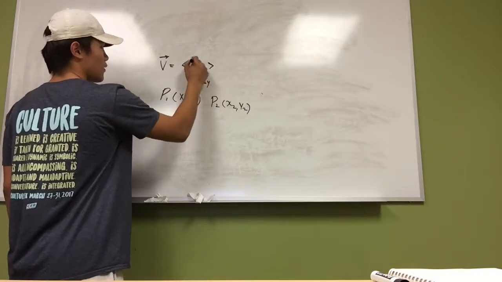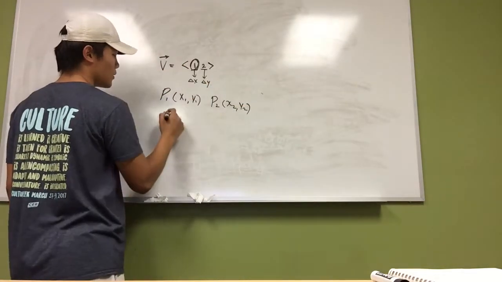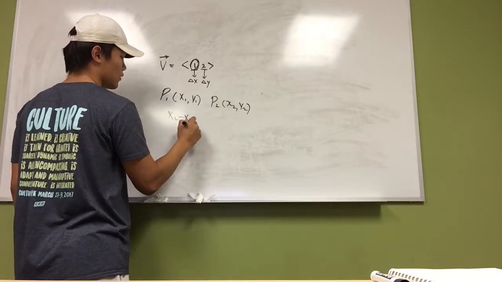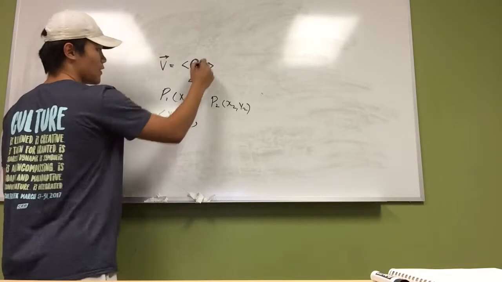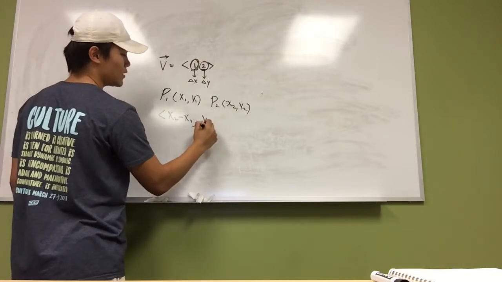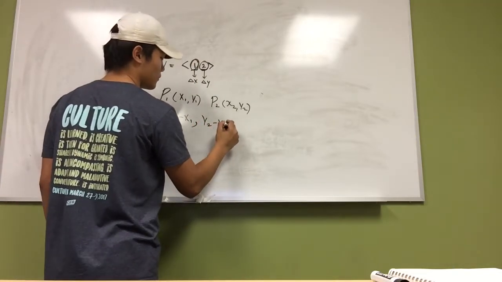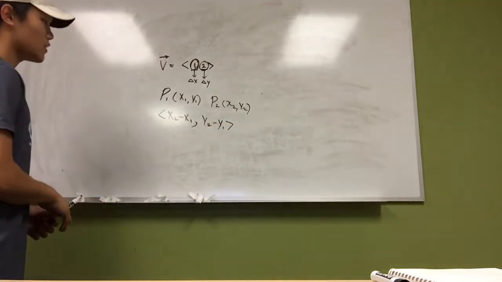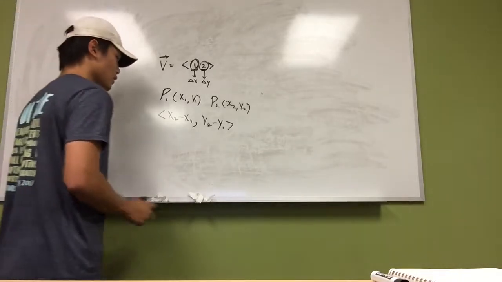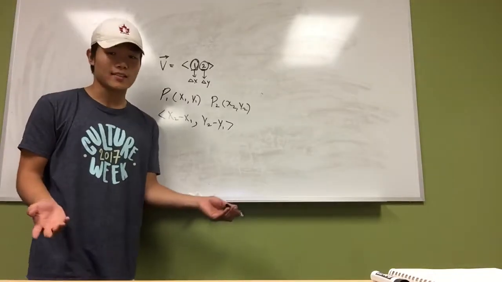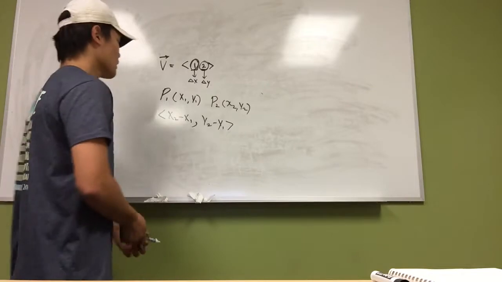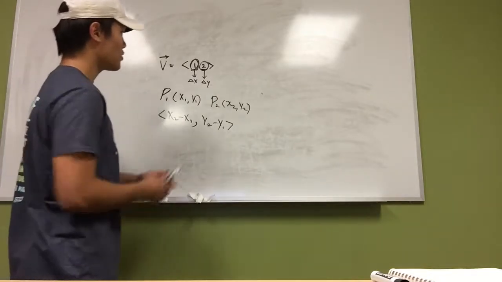Basically, this front part would be x2 minus x1, and this 2 over here would be y2 minus y1. And that is basically what the vector looks like. So vectors are technically kind of a slope, except they also show you the magnitude.